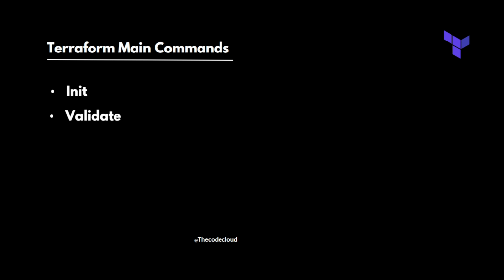Now let's have a look at the next main Terraform command, plan. The terraform plan command creates an execution plan. You can preview the changes that Terraform plans to make to your infrastructure.